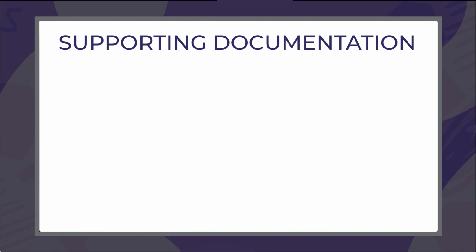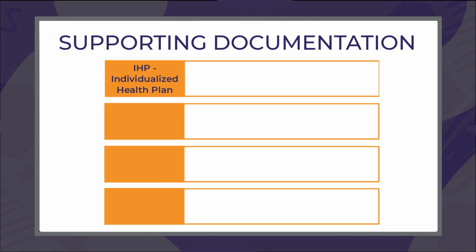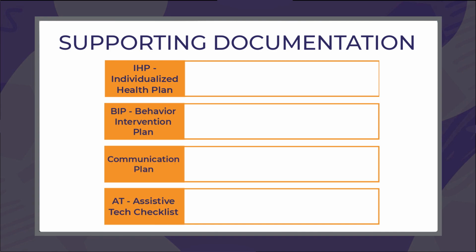During that IEP meeting, you also may reference different supporting documents within the IEP. That IEP team might review the Individualized Health Plan, or IHP, as well as a Behavior Intervention Plan, or BIP, a Communication Plan, or even an Assistive Technology Checklist.